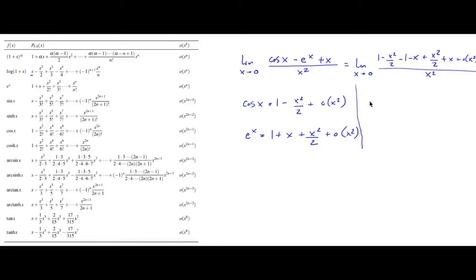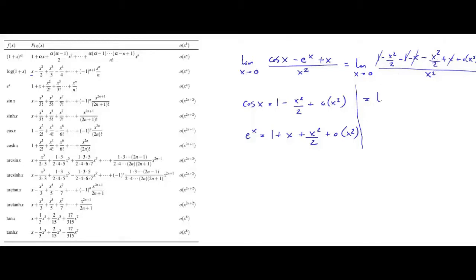And now here we have 1 cancel out, x cancel out, and we have x squared, sorry, this is minus x squared, yes. Minus x squared divided by 2, right?